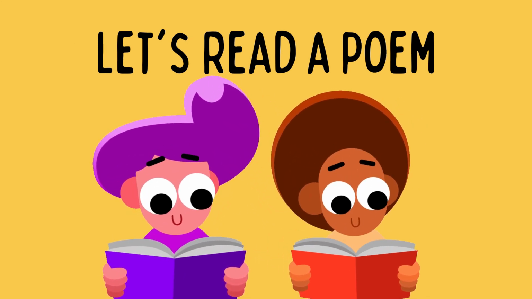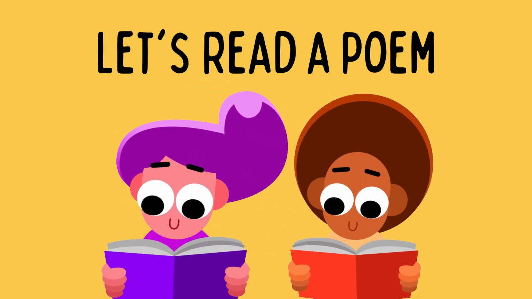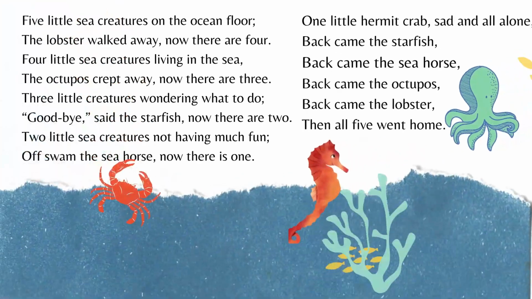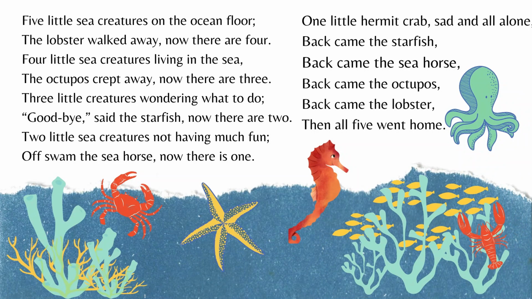Let's read the poem. Five little sea creatures on the ocean floor. The lobster walked away, now there are four. Four little sea creatures living in the sea. The octopus crept away, now there are three. Three little creatures wondering what to do.